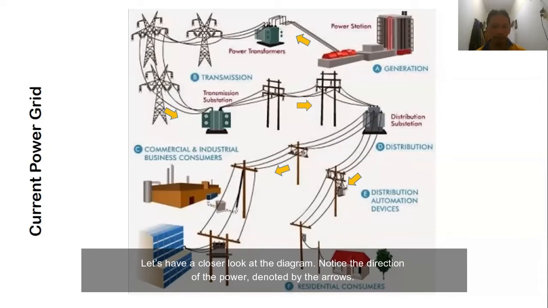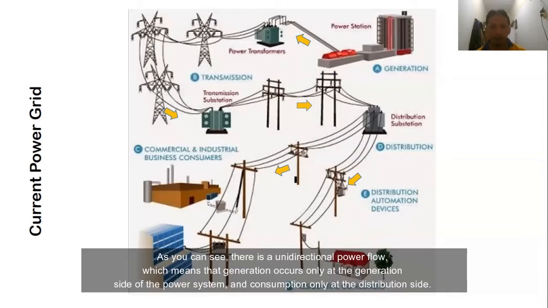Let us have a closer look at the diagram. Notice the direction of the power denoted by the arrows. As you can see, there is a unidirectional power flow, which means that generation occurs only at the generation side of the power system, and consumption only at the distribution side.